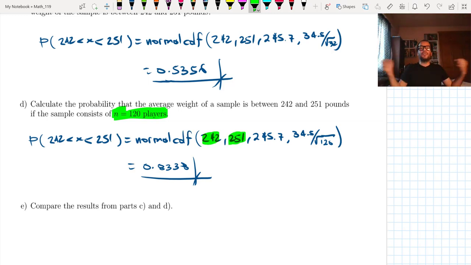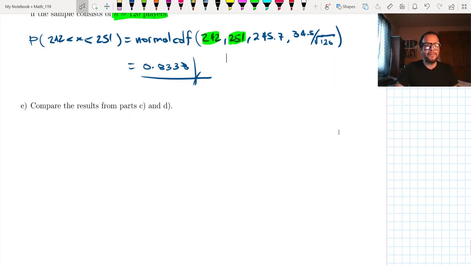So that's what happens when we increase the sample size. That likelihood is increasing because you have a lot more elements in your sample to choose from. Okay, so that'll be for letter E, the comparison between the two parts C and D.